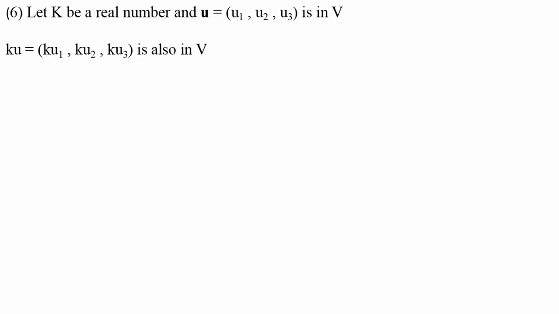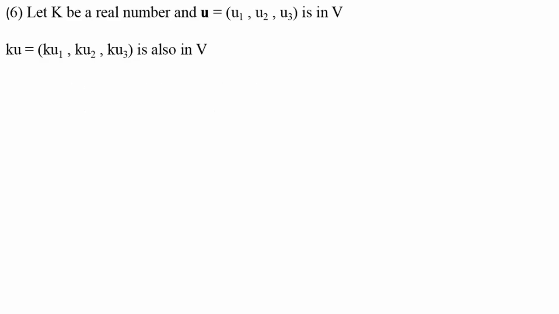Because k is a real number, u1 is a real number, and the product of any two real numbers is again a real number. That's why ku1 is a real number. In a similar manner, ku2 and ku3 are also real numbers, and that's why (ku1, ku2, ku3) belongs to V, and hence ku is in V.